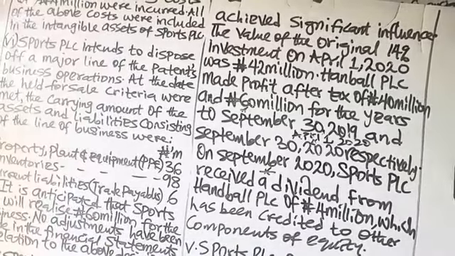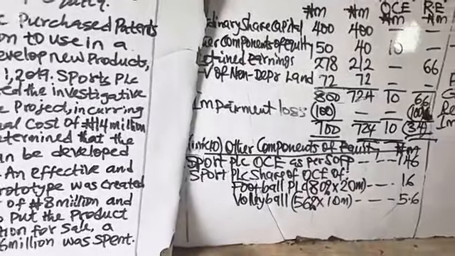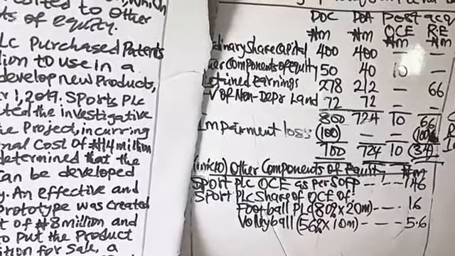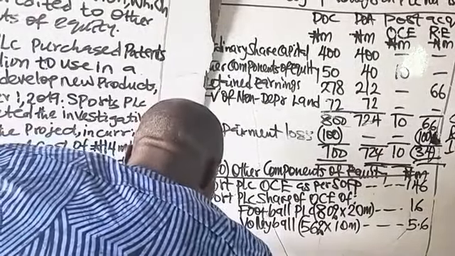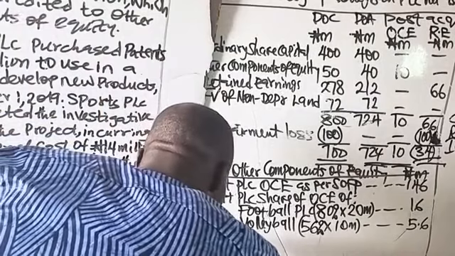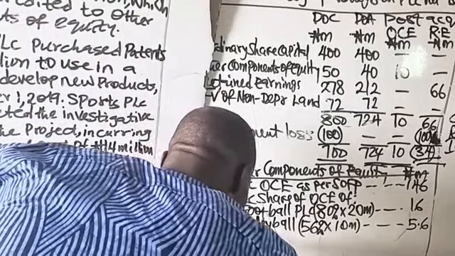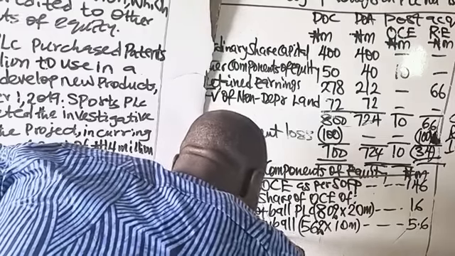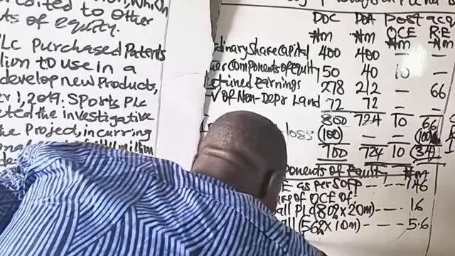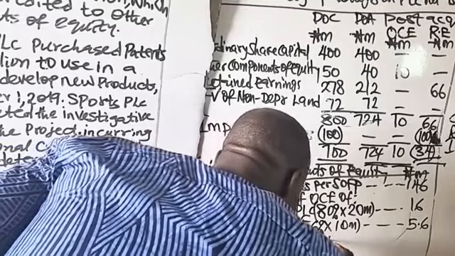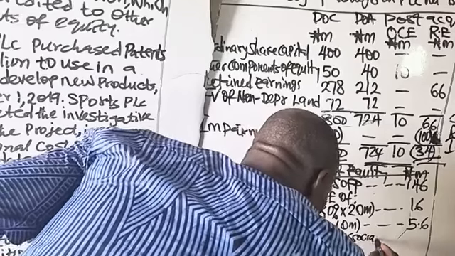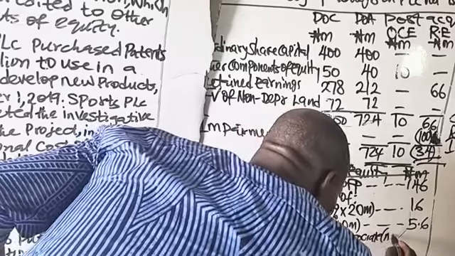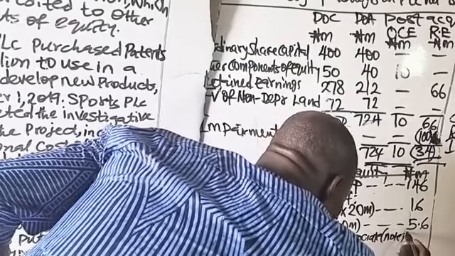Now let's post that. So we have dividend received from associate. That is from note 4 IV.